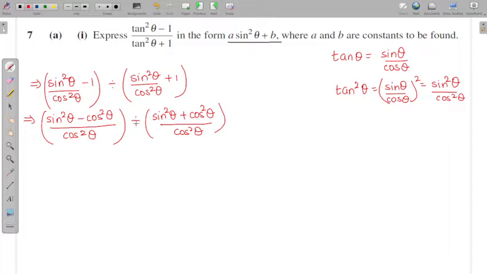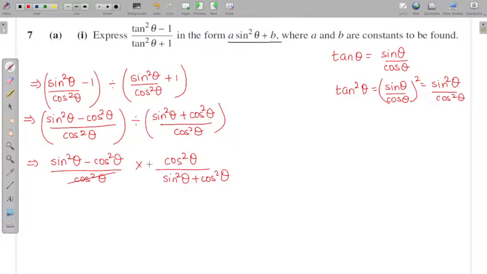So if I change this to a multiplication sign, that means I can flip this side of the expression. So this will become sine squared theta minus cos squared theta by cos squared theta into cos squared theta by sine squared theta plus cos squared theta.